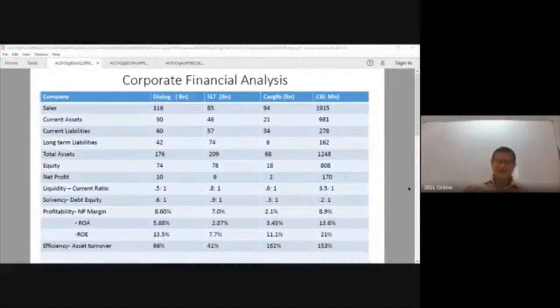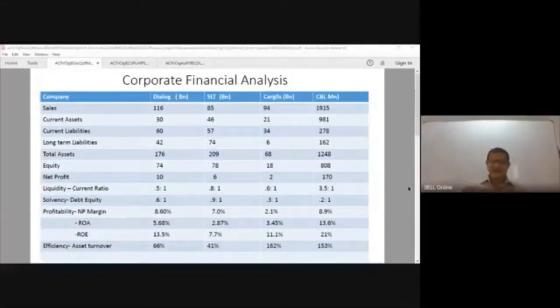I only took the current ratio where liquidity is concerned. Dialog's current assets of 30 compared to current liabilities of 60 is 0.5 versus 1. That means current assets are half the size of current liabilities.